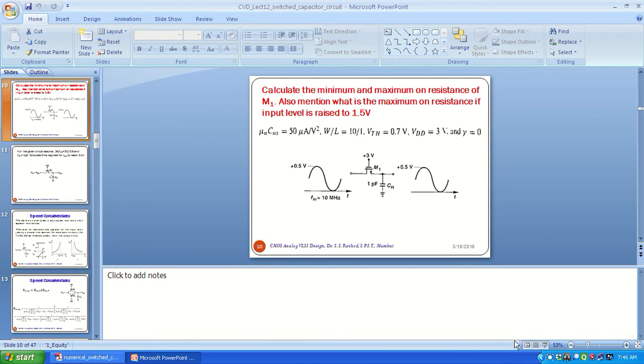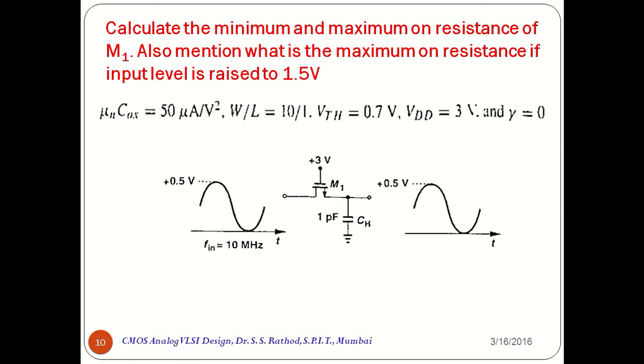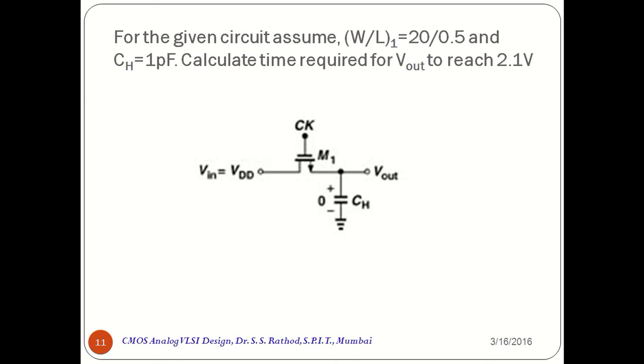So what is the conclusion from this numerical? The conclusion is that the resistance of the switch depends on the input voltage in case of NMOS device.